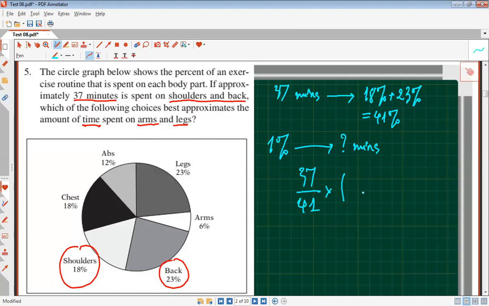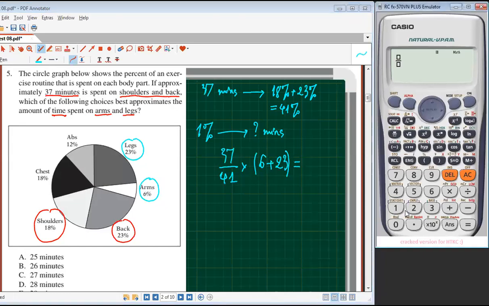There is arms 6% and legs 23%. 6 plus 23. Maybe we need a calculator. There is the fraction 37 over 41 times 29. That approximates 26.17.